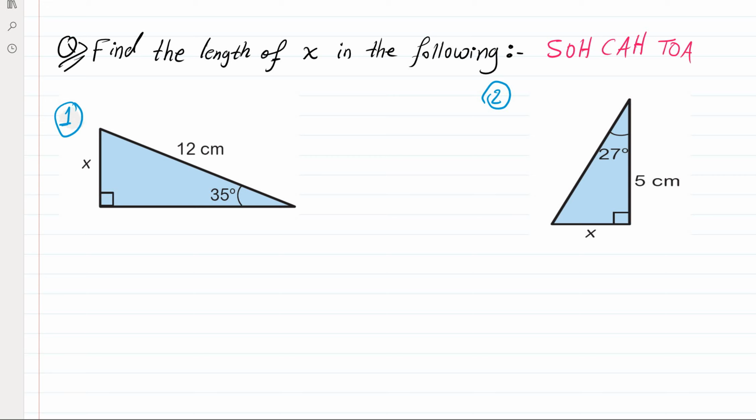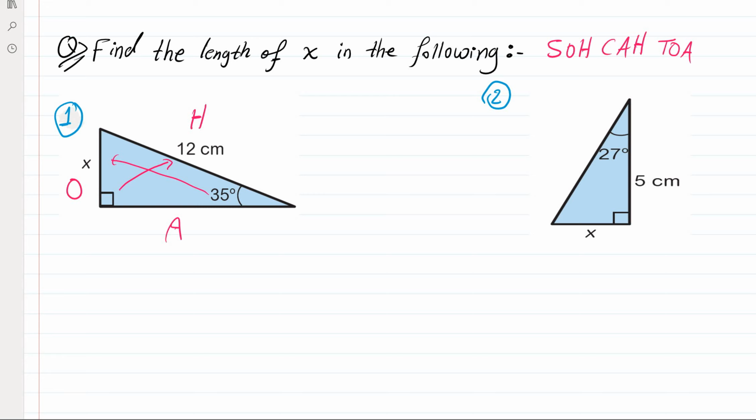Remember this one, okay? So first of all, before solving any question, identify the names of the sides like I explained for you in the video. So opposite to 90, we call it hypotenuse. Opposite to the given angle is called opposite, and the one left is called adjacent.